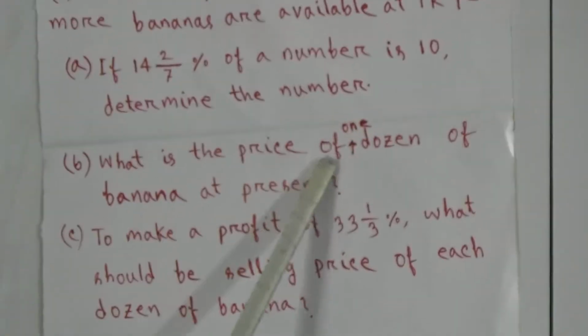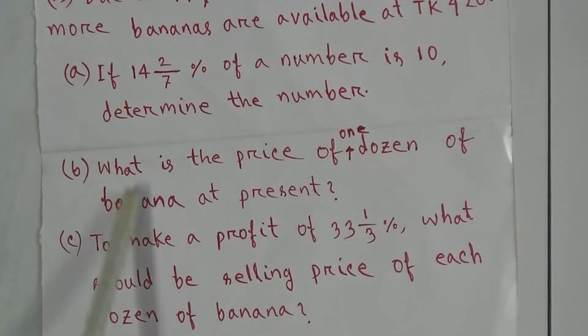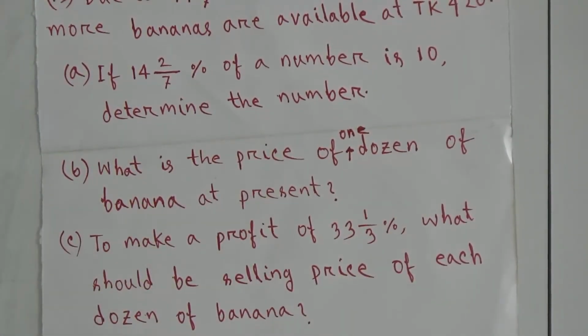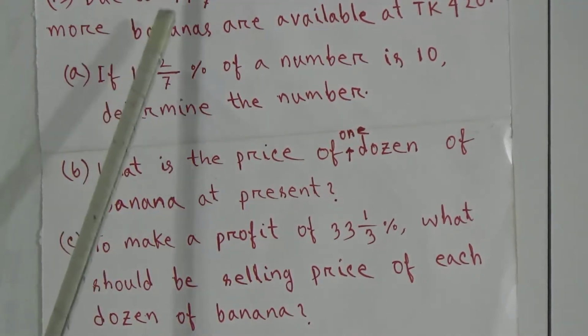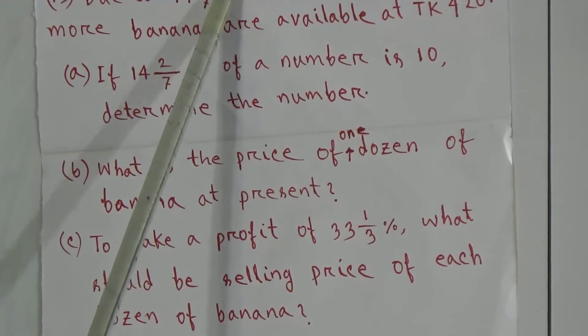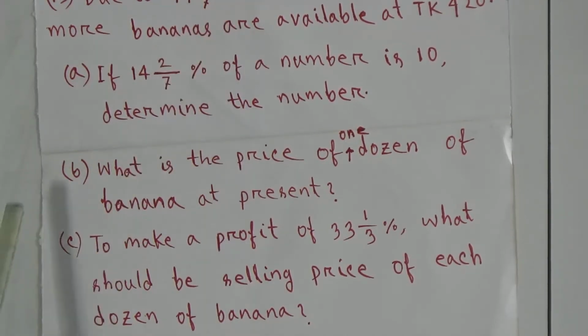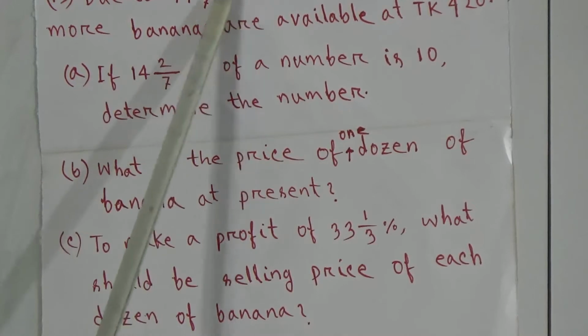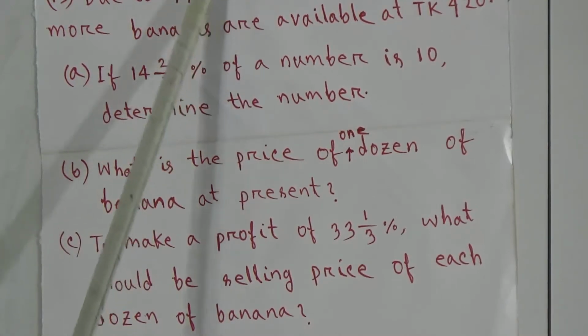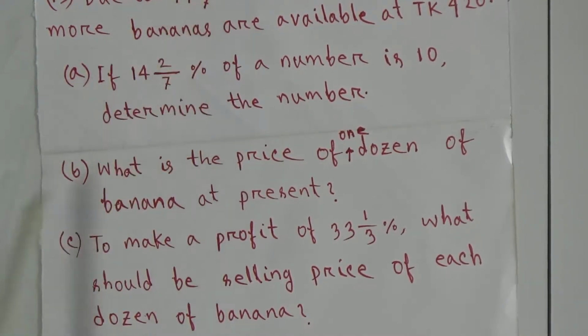Here the question is, what is the price of 1 dozen of banana at present? Here in the statement it is said that due to 14 whole 2 by 7% fall in the price, 10 more bananas are available at TK 420. What is the meaning of 14 whole 2 by 7% fall?